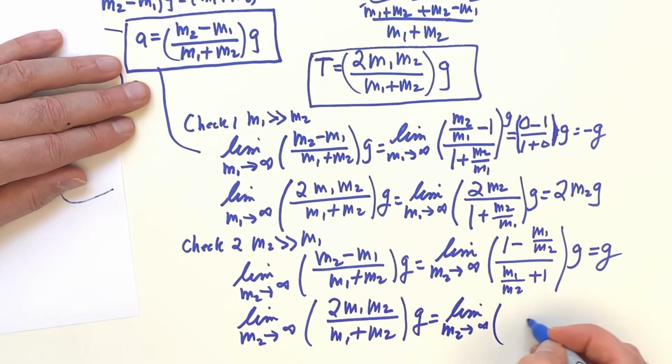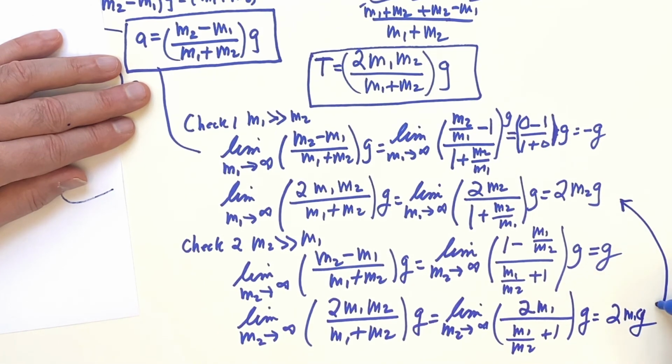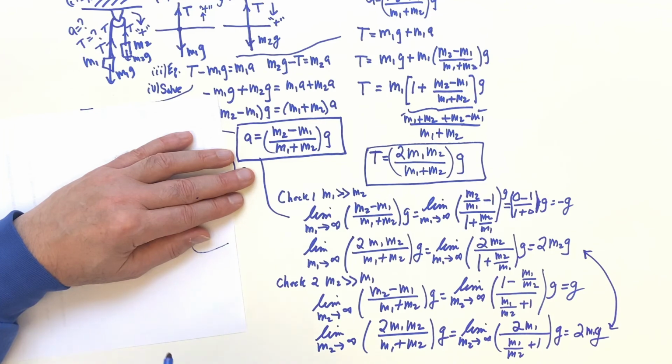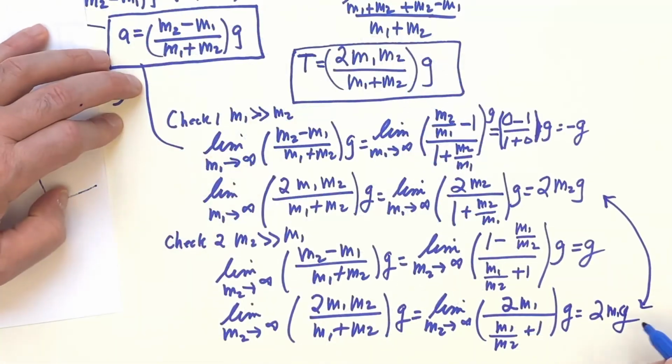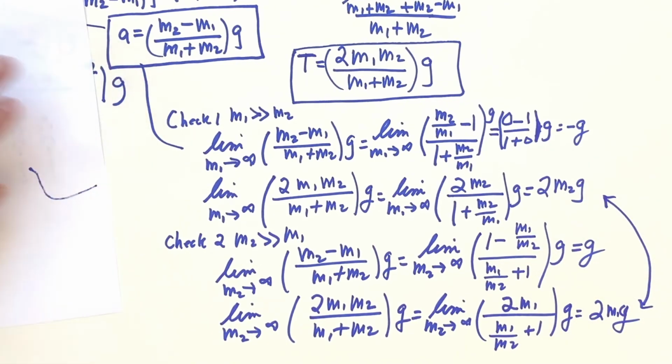Preparing this one, we have 2m1 over m1 over m2 plus 1, and you get 2m1g, and that's what you expect. Minus g becomes plus g since we're going the other way, in other words, in the plus direction. And the 2m1g is analogous to the 2m2g we had before.